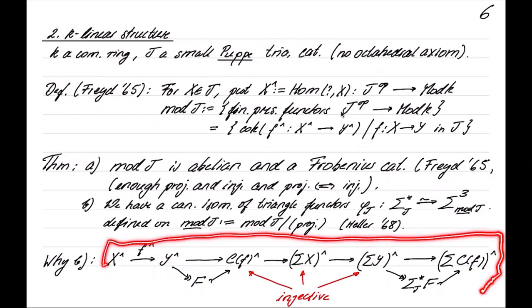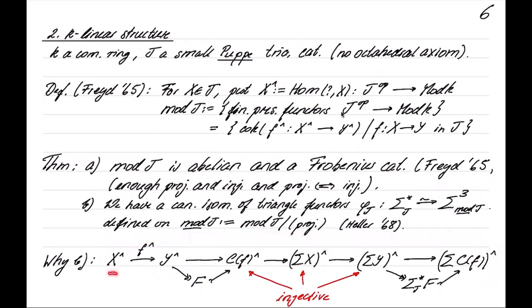Now let's look at this sequence more closely. Here we have the functor f, and then here, as you can see, we have the image of the functor f under the autoequivalence induced by sigma. So this appears here naturally as a cokernel. So this is this applied to f, which we have here. Here we have f itself, and between these two, as you can see, we have an exact sequence.